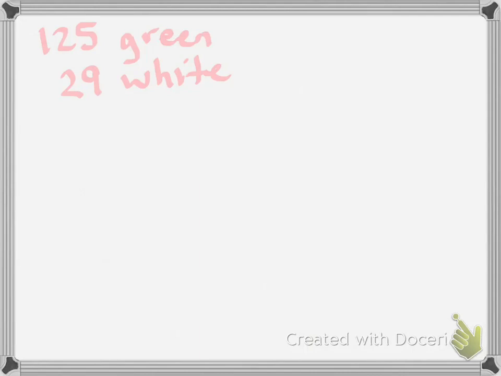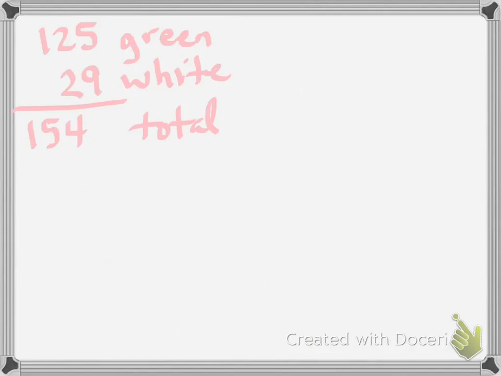Let's add those up to see how many total we had: 154. Now these are actual numbers, what we actually observed. We observed 125 green and 29 white.